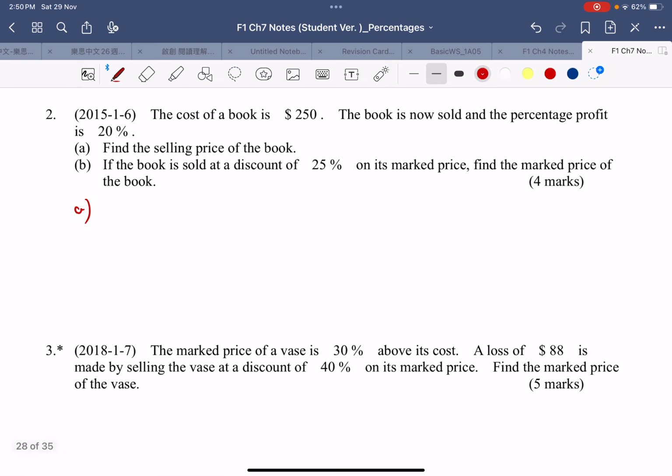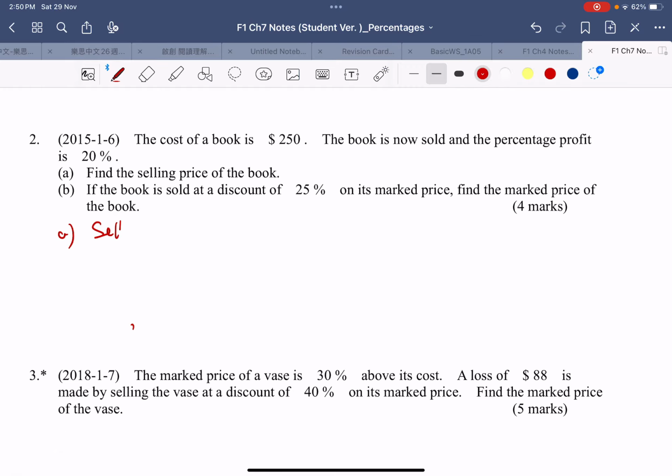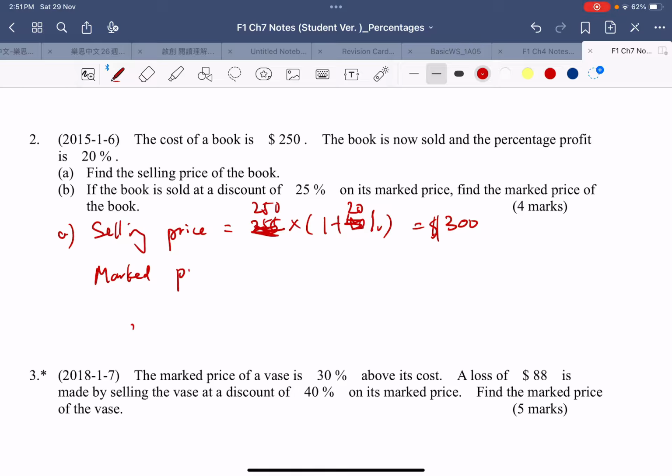So the first one, selling price, 255, 1 minus 4%, no, 1 plus 20%, not 255, 250. $300, market price. 300 divided by, not multiply, divided by (1 minus 25%) gives you 400.